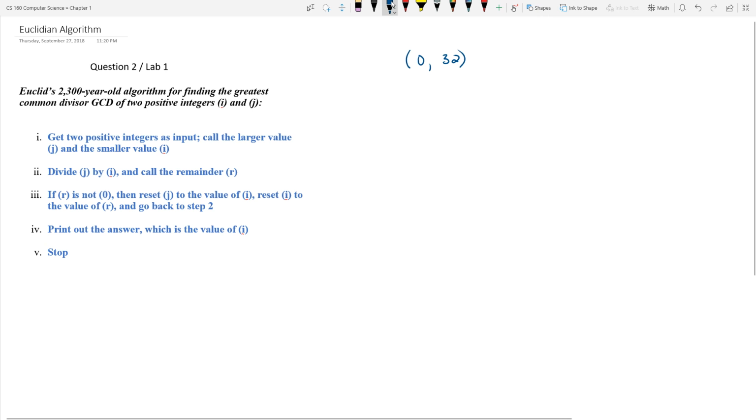Well, what happens when we set this up is that our smaller value I and greater value j will be established within Euclid's formula, such that 32 is equal to 0 multiplied by q plus the remainder r.